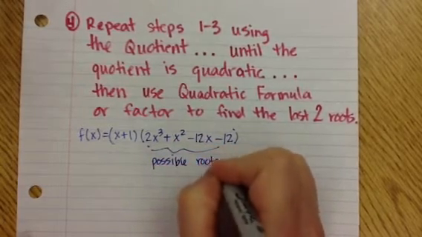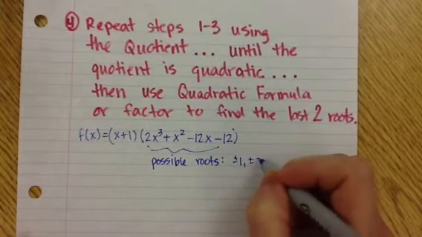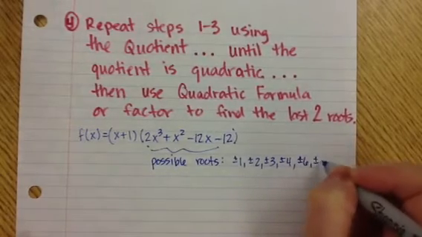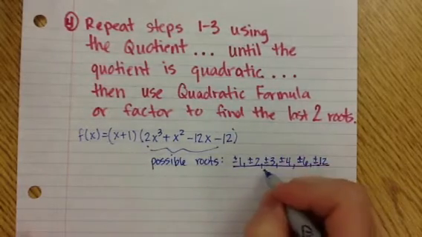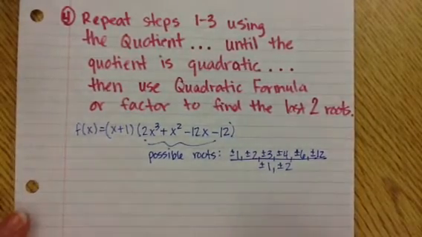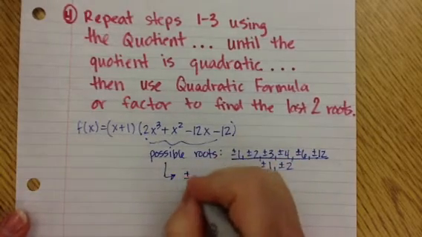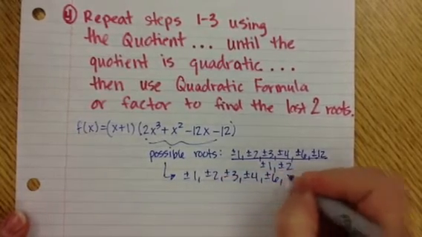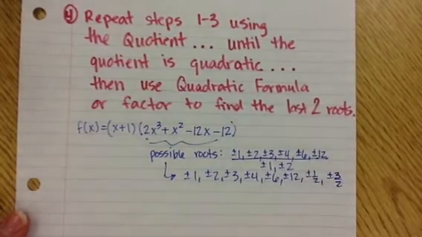So the possible roots will be factors of the constant term, so plus or minus 1, 2, 3, 4, 6, and 12 over factors of the leading coefficient, which is 2, so plus or minus 1 and plus or minus 2. Now this list should look familiar because we have the exact same list that we started with. So we'll have plus or minus 1, 2, 3, 4, 6, 12, and then we also had 1/2 and 3/2.